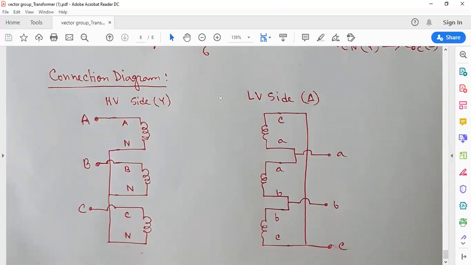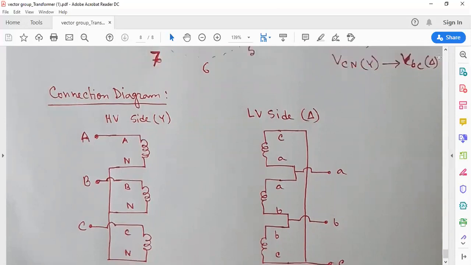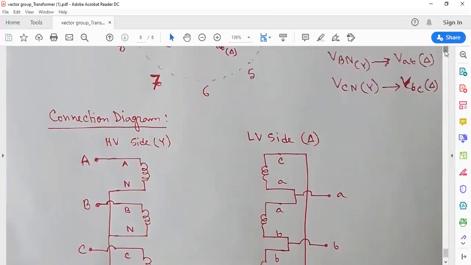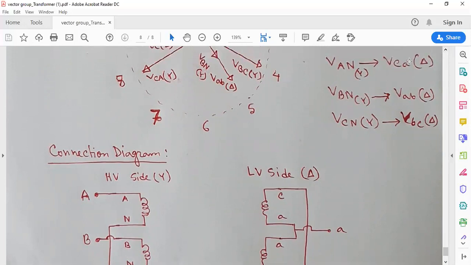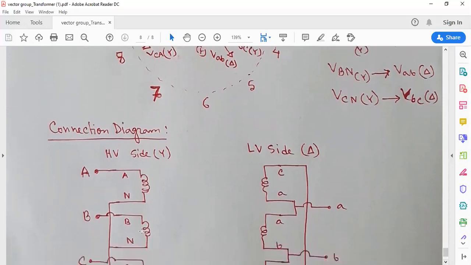Now, from the vector diagram, we see that VAN is related to VCA on the delta side. So we have to write CA here. VBN is related to VAB. We have to write AB here.